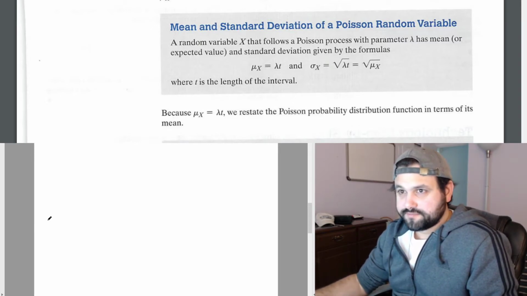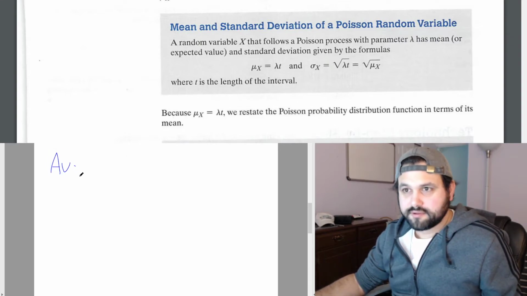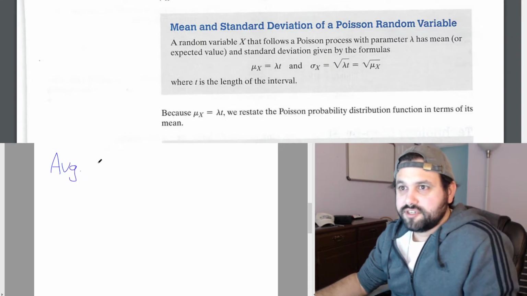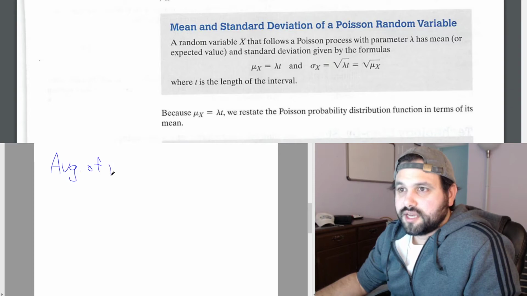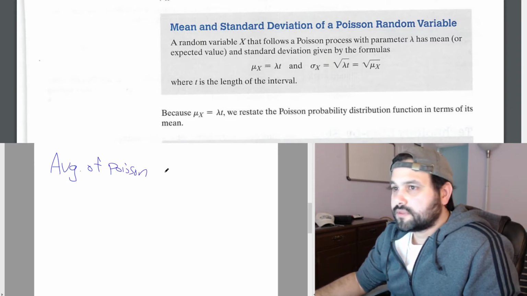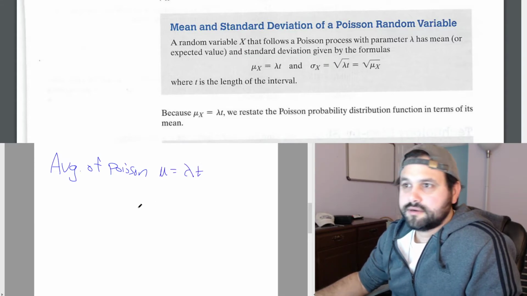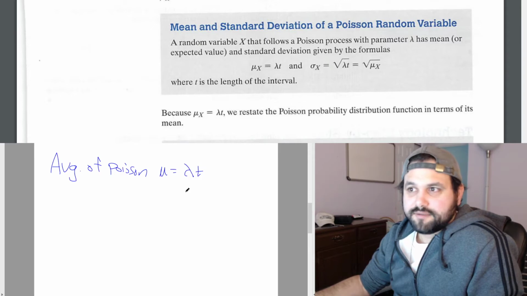So we have the average of a Poisson distribution is lambda t, right? Rate times interval.